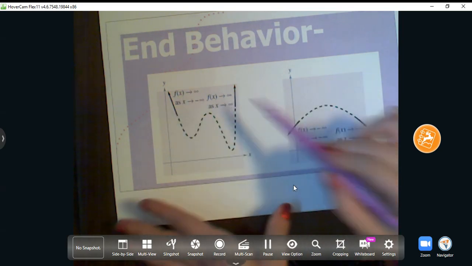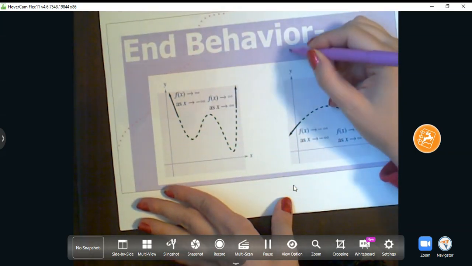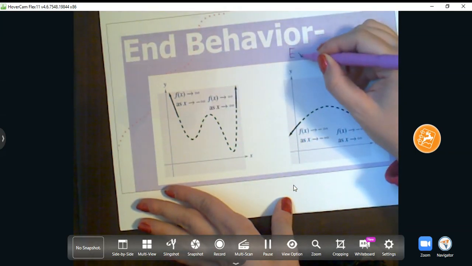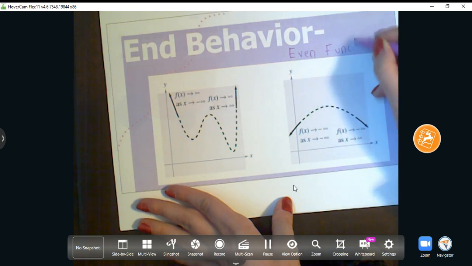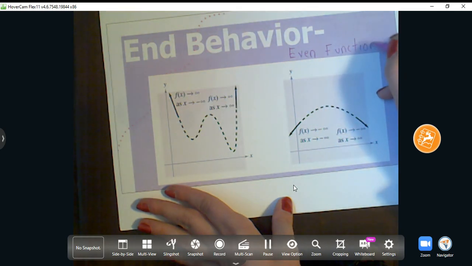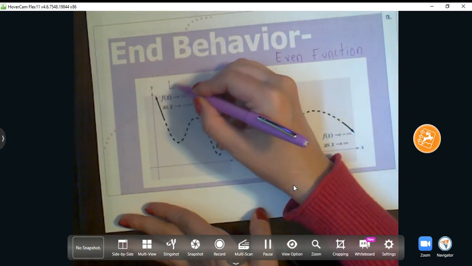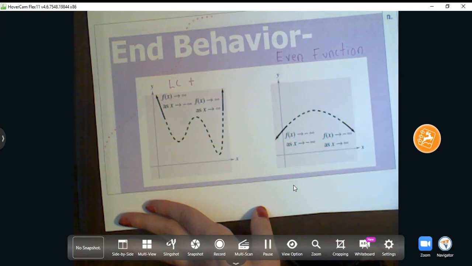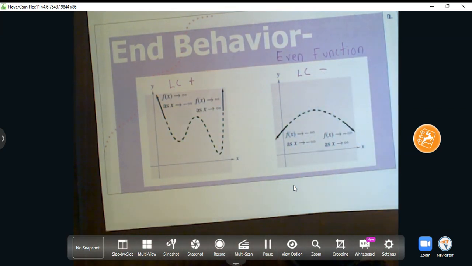So notice here that both of the ends are pointing the same direction. So this is going to be for an even function. So remember, by even, I mean that the degree, or the biggest exponent, is even. And on this one, our leading coefficient is positive when they point up and negative when they point down.